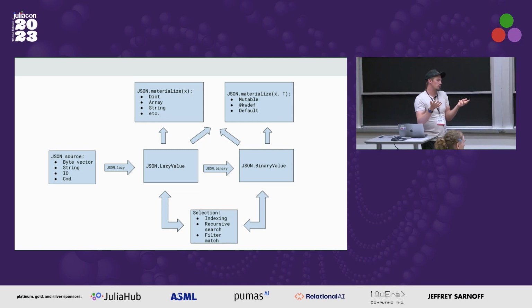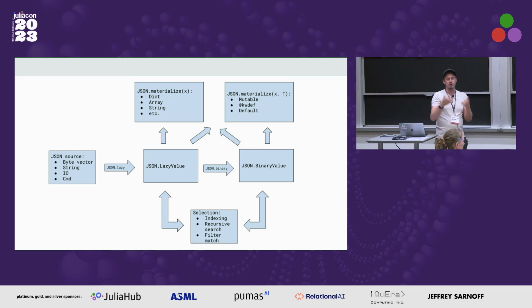JSON's kind of cool because it has a very limited type domain. You can say this is a null, a bool, a number, a string, an array, or an object. It's very cool, and it makes it really fast to just return directly with a little type tag to say, I know what this thing is.